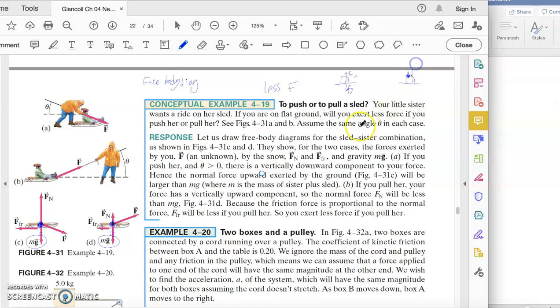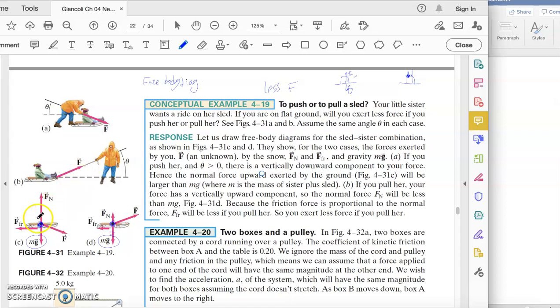So there will be Fn larger than the gravitational force. It's still, of course, perpendicular and upward, but now it is relatively larger than the gravitational force. All right?